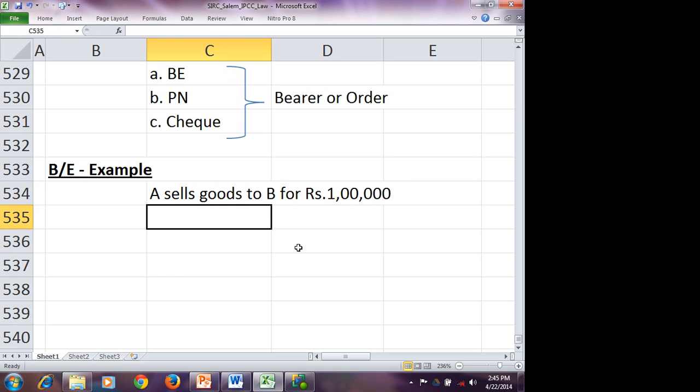So B is required to pay 1 lakh rupees to A. Now what can B do? B can pay in the form of cash, give a check after utilizing the credit period, or they agree to settle by way of drawing a bill.